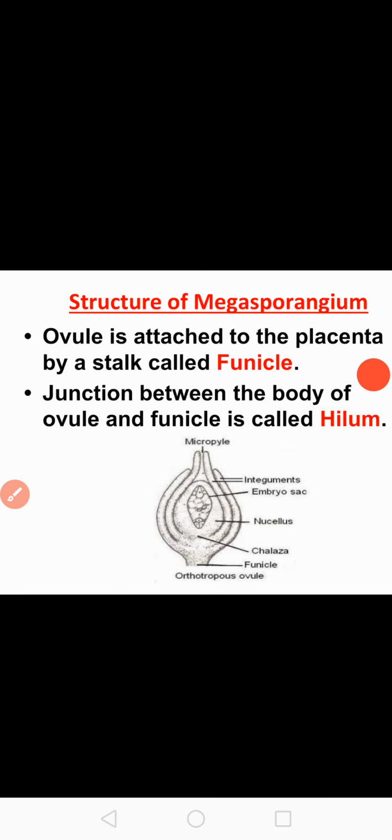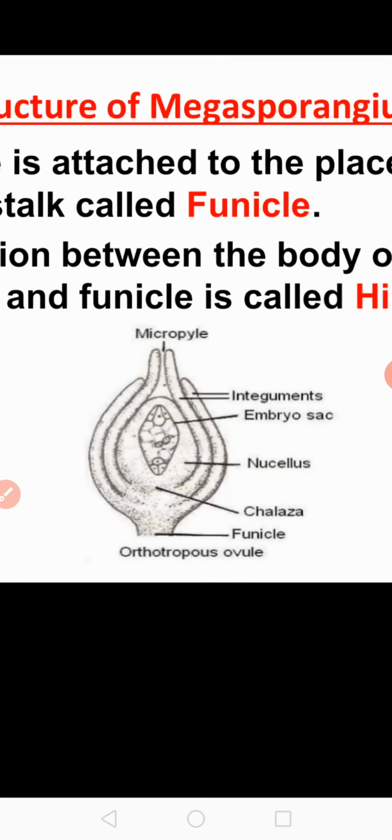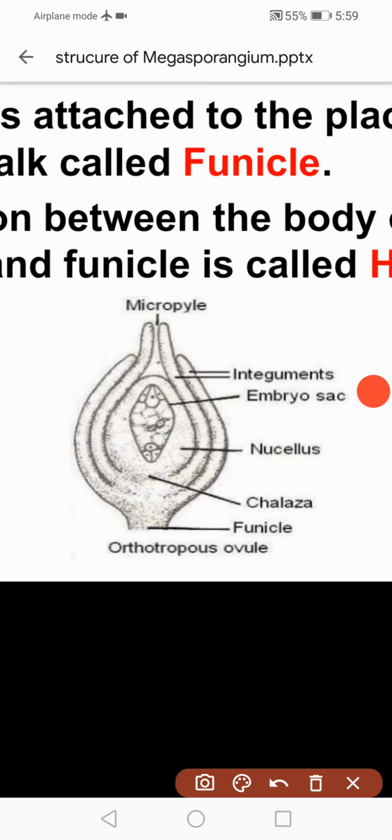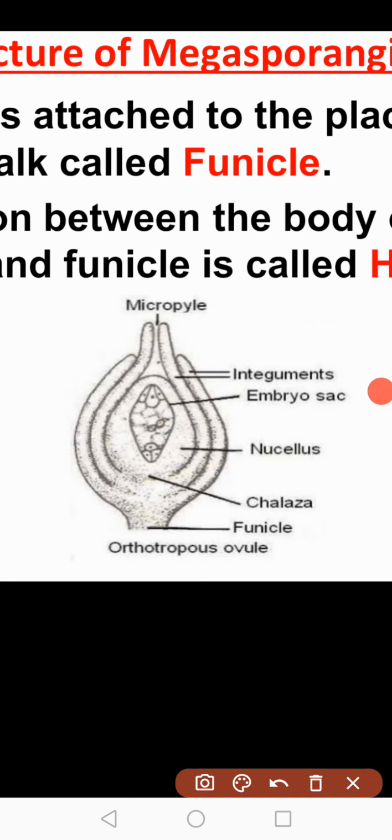Now coming to the structure of the ovule, the ovule is also called megasporangium, right? So coming to the structure, each ovule contains a stalk, and this stalk of the ovule is called the funicle. So funicle is nothing but the stalk of the ovule, and with the help of this stalk it is attached to the placenta.